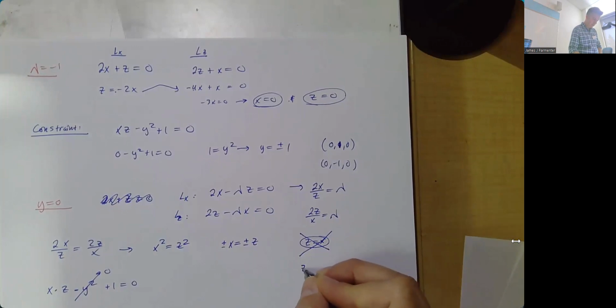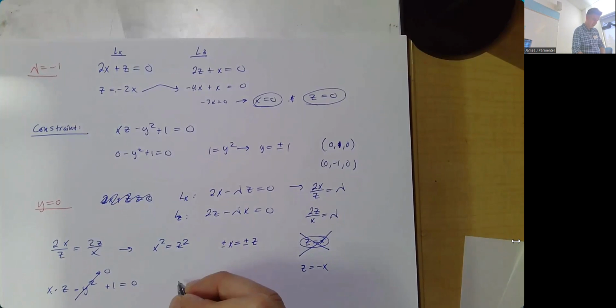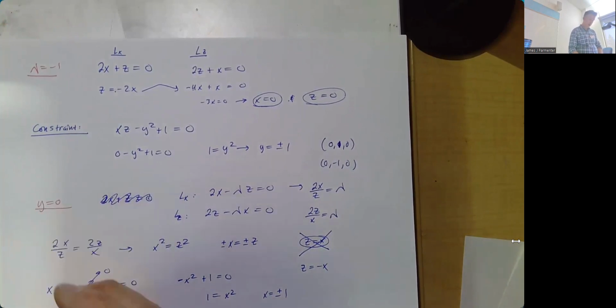Let's try setting z equal to -x. Well, then I'm going to get x times -x, so -x squared plus 1 equal to 0, or 1 equal to x squared. So that's going to give me x equal to plus or minus 1, which means with y equal to 0, x can be 1, y is 0.